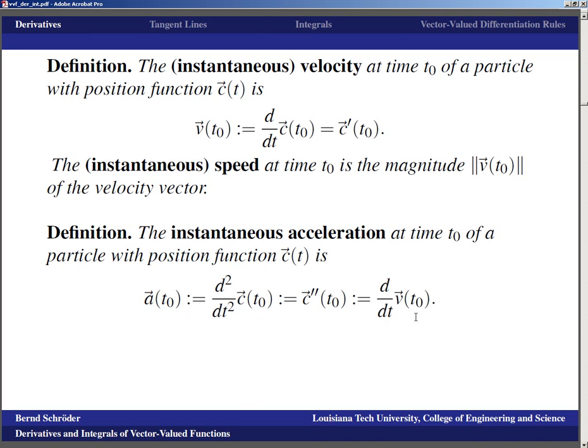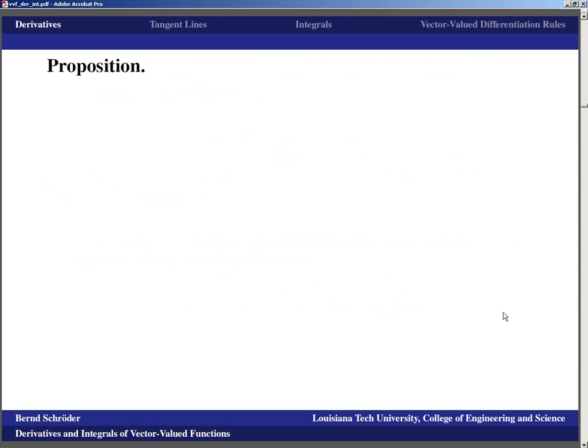The acceleration always is the derivative of the velocity because it's the rate of change of the velocity. It's just that now our rates of change are vector valued, and that makes sense because we're computing rates of change of vector valued quantities.